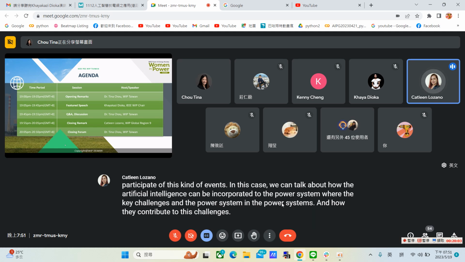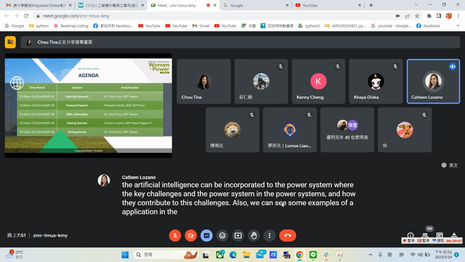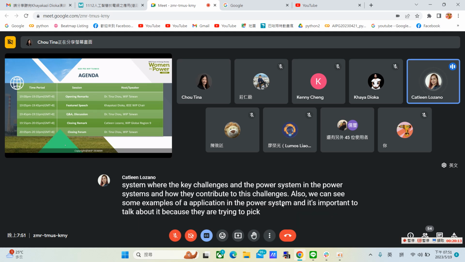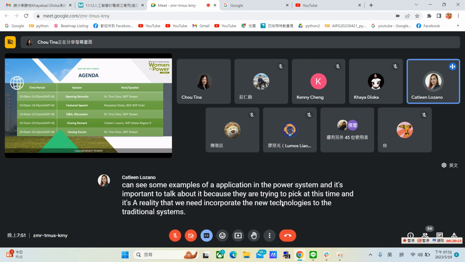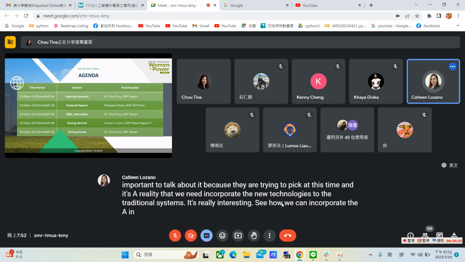Also, we can see some examples of AI applications in the power system, and it's important to talk about it because AI is a trending topic at this time, and it's a reality that we need to incorporate new technologies into the traditional systems. It's really interesting to see how we can incorporate AI in different tasks in the power systems.